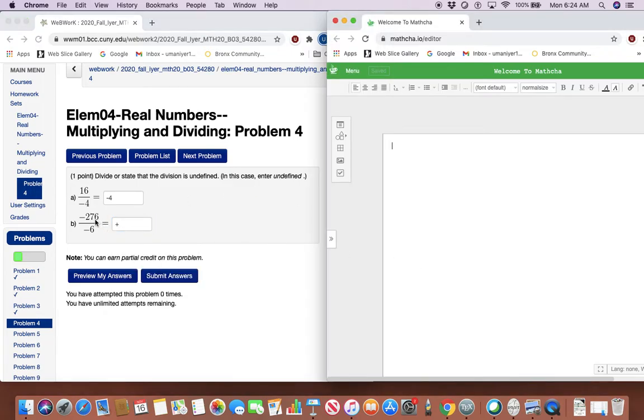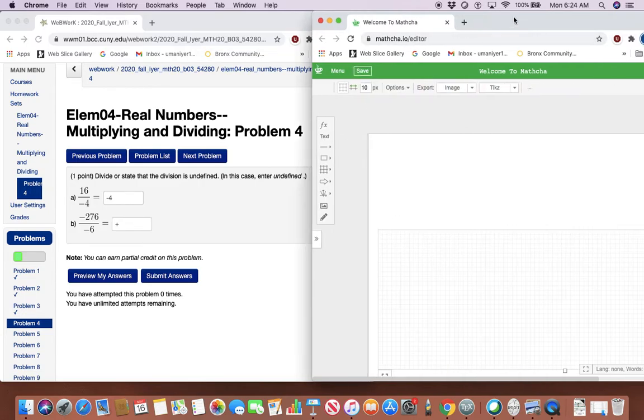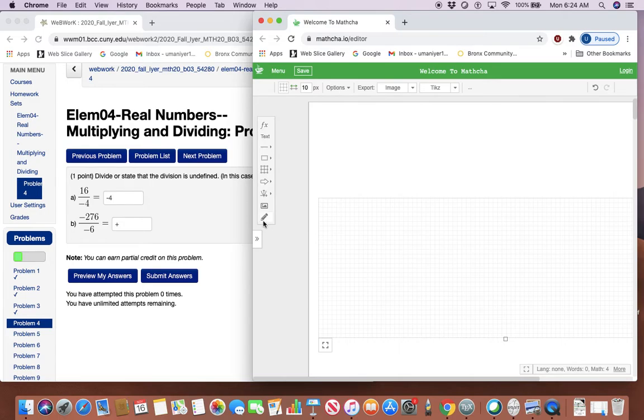Now I want to divide 276 divided by 6. Okay? So let's try. We are dividing 276 by 6. 6 does not go in 2, it goes in 27. So 6 times 4 is 24.